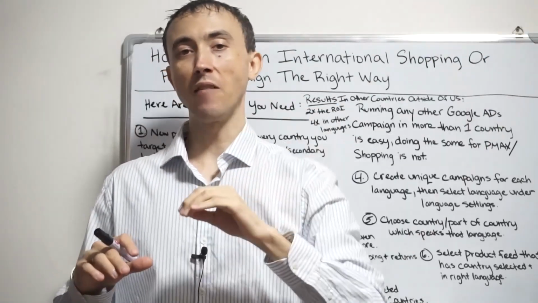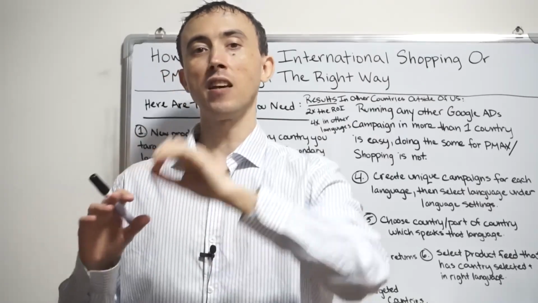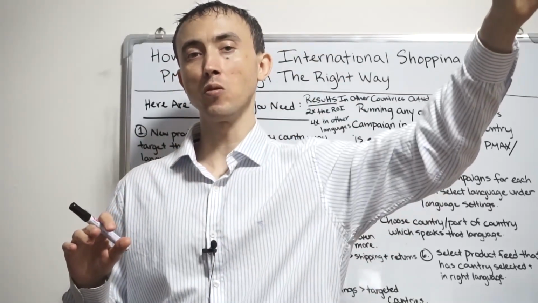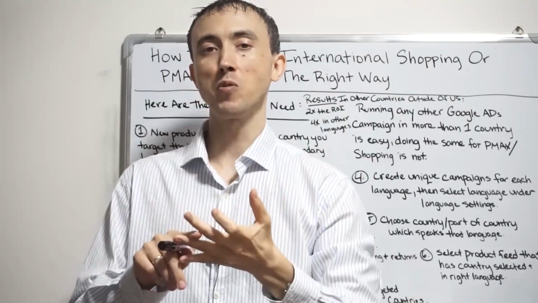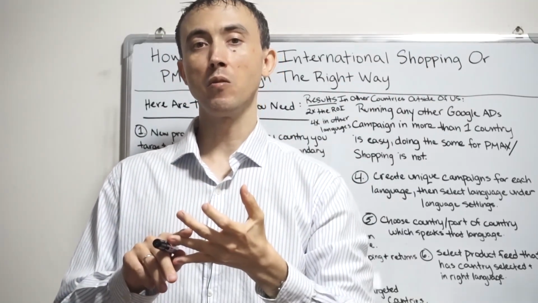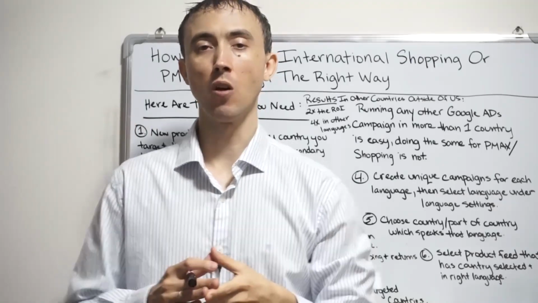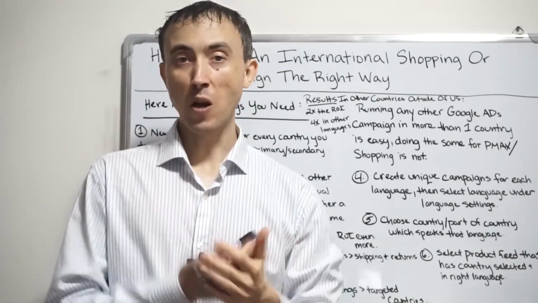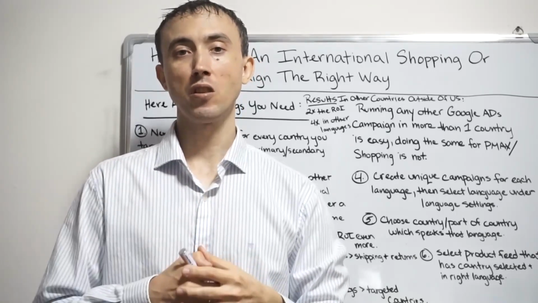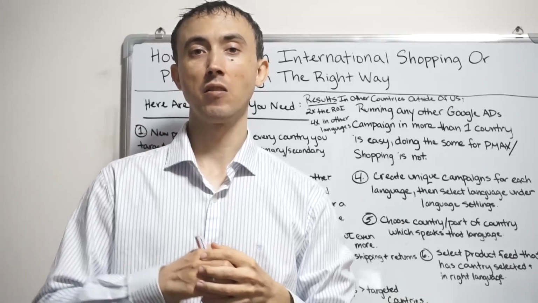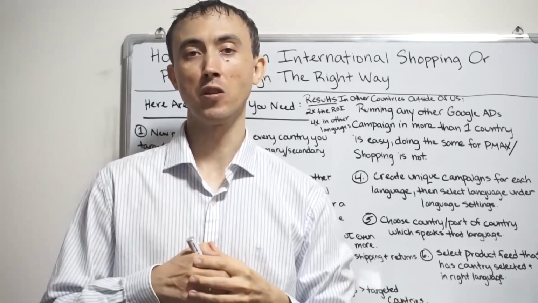You need to be able to have it either translate into Russian before it posts to Google Merchant Center, or it has to be able to update everything else besides the title and description, which you would need to have translated into Russian. So you've got to have a special product feed plugin to be able to do this in other languages. There are product feed plugins that will certainly do that.